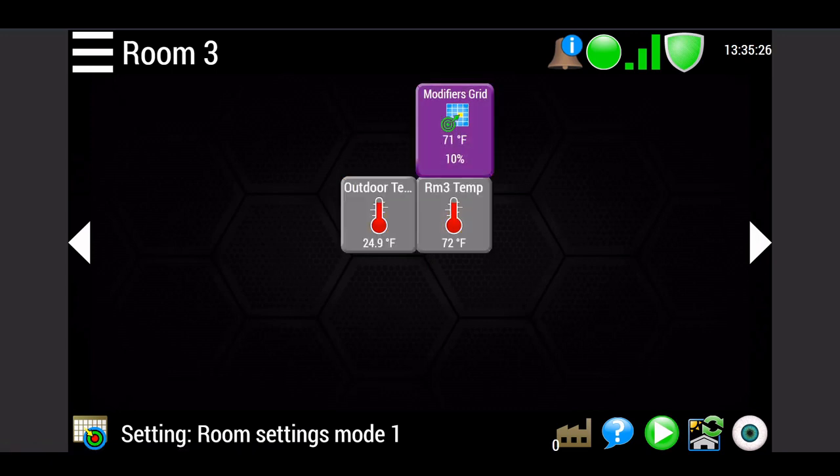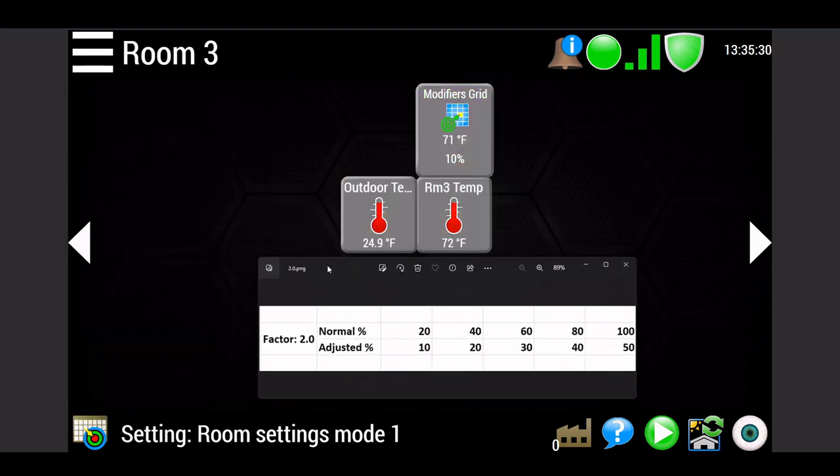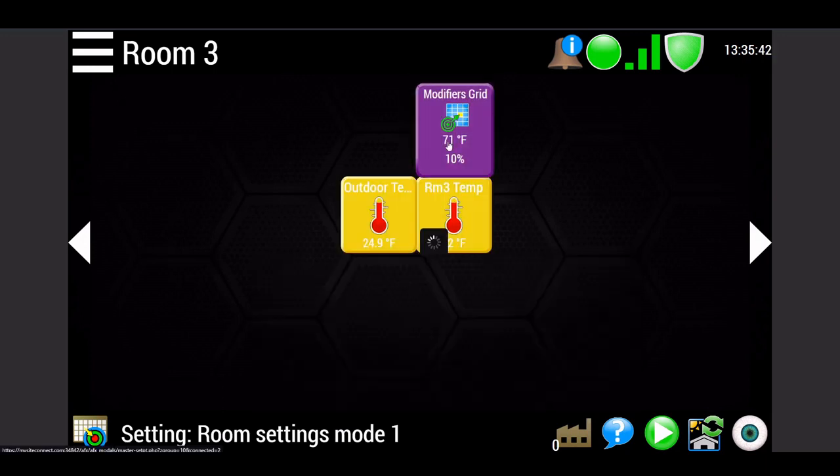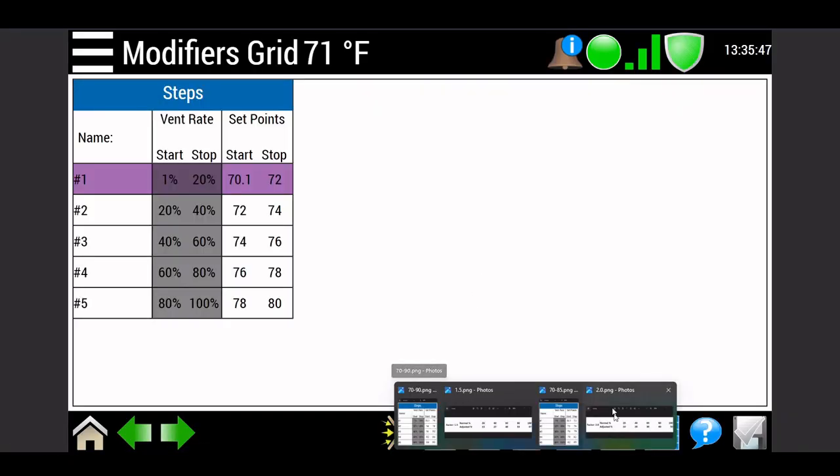This works across the entire table. So if I bring in this other example here, with a factor of 2.0, for any given temperature, for our normal table, let's actually hop back in here and then I will bring this up.